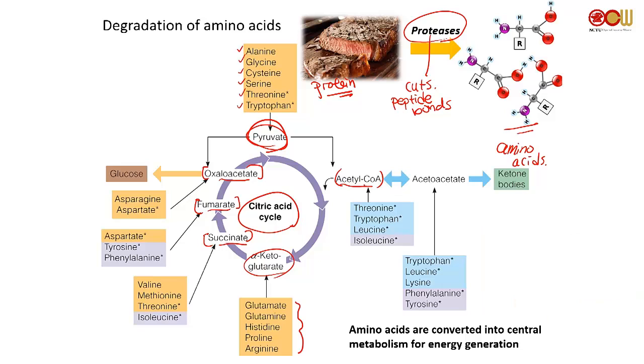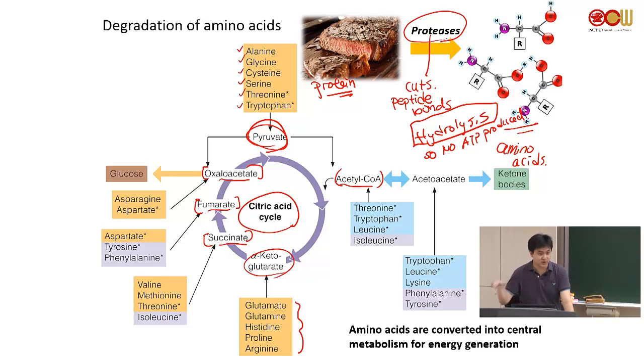If you take a look at proteases, proteases hydrolyze peptide bonds. Do you get any energy out of peptide bonds? No. So here you do not liberate ATP. Here is a simple hydrolysis, so no ATP is produced.